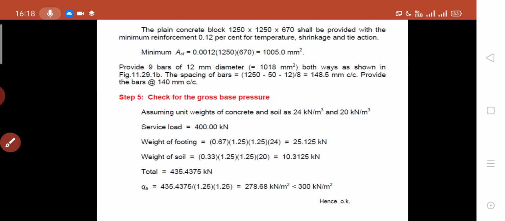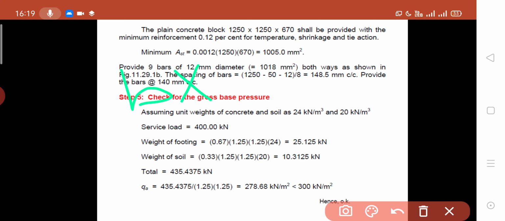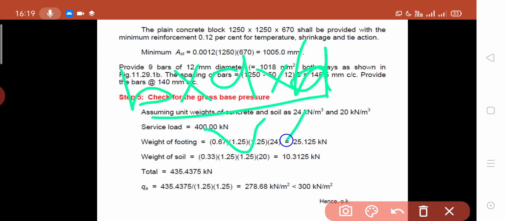So the weight of the footing is B into D into H, that means volume into unit weight.